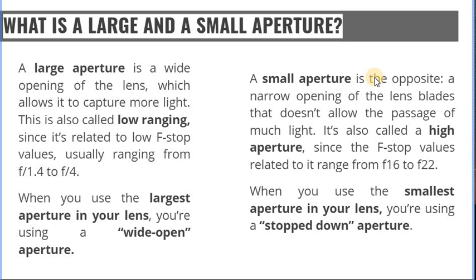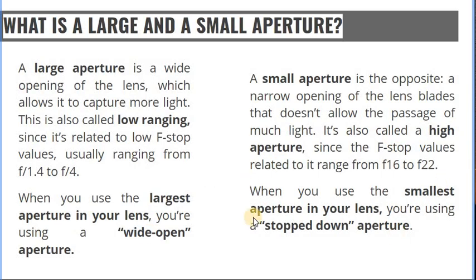Ibig sabihin, it won't allow many or more lights to come in the camera. Sabi nga nila, when you use the smallest aperture in your lens, you're using the stopped-down aperture. Okay? Large aperture, this is what we call the low range. And kapag naman sa small aperture, we are using the high aperture.